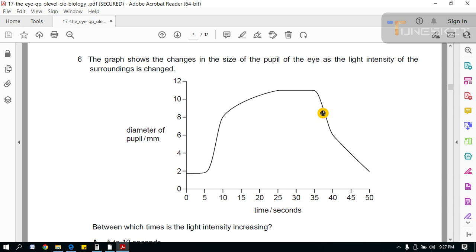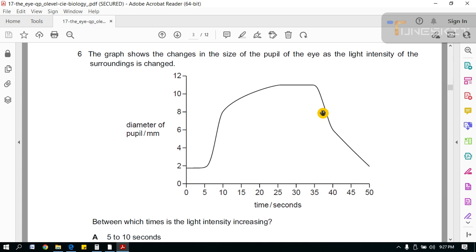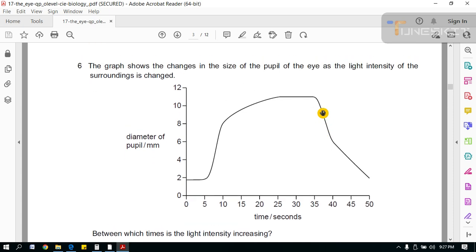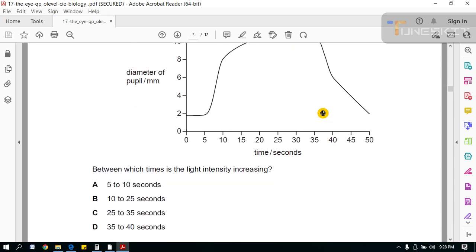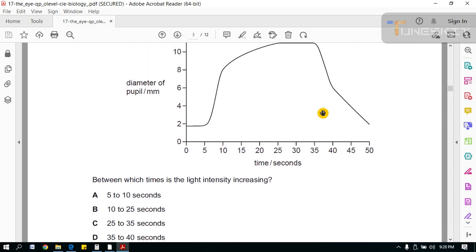So here, 5 to 10 seconds, is there any change from 5 to 10 seconds? Which times is the light intensity increasing?